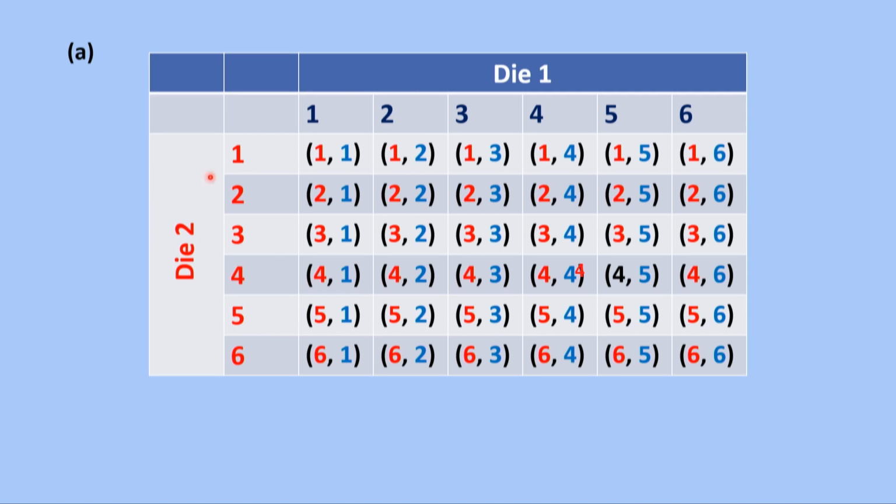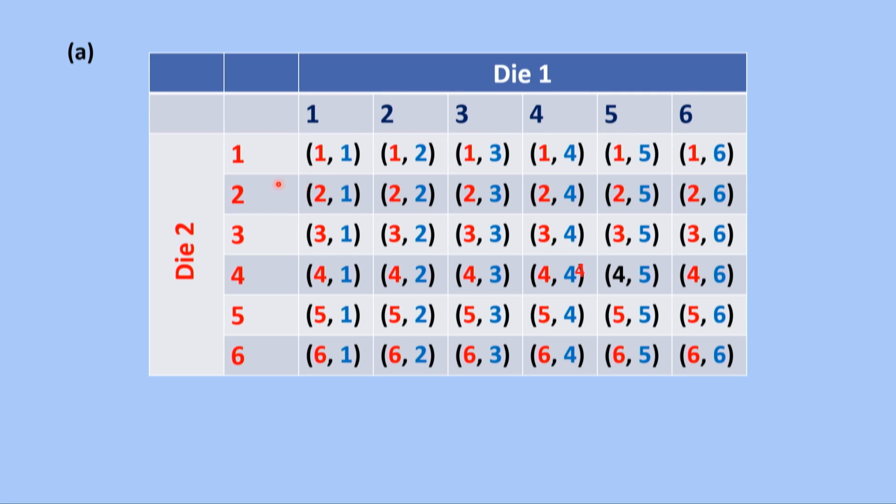Now, we are going to combine these possible outcomes because we are having the 2 dice rolled together. So here we will have 1, 1, 1, 2. I write it here in coordinate form. 1, 3, 1, 4, 1, 5, 1, 6.